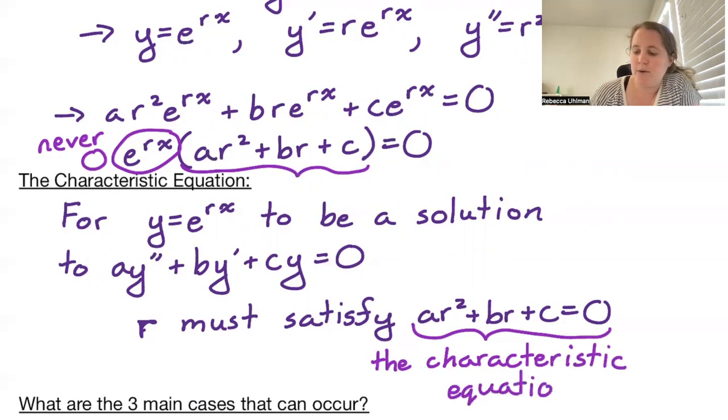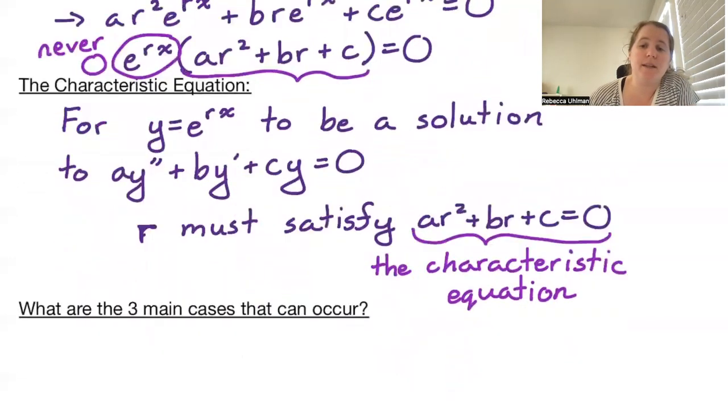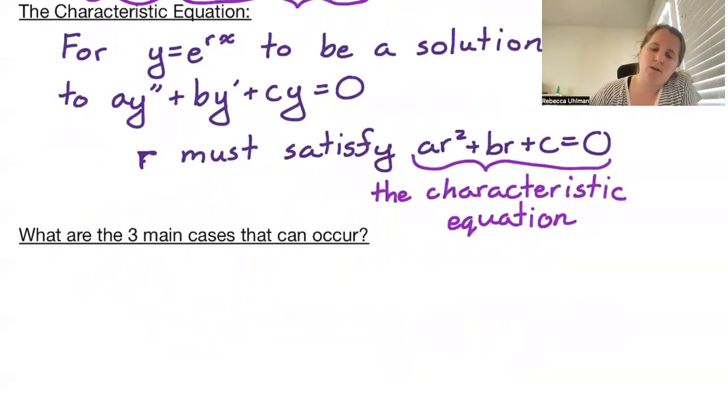So anytime we are solving a quadratic equation with coefficients in the real numbers, there are essentially 3 main cases to occur. So the first case is we get 2 distinct real roots.